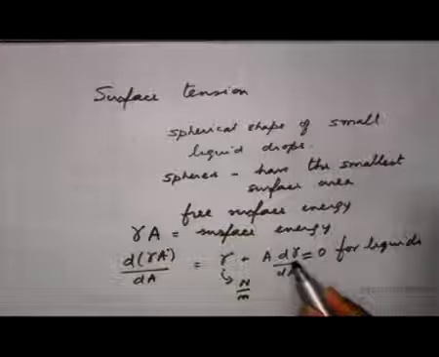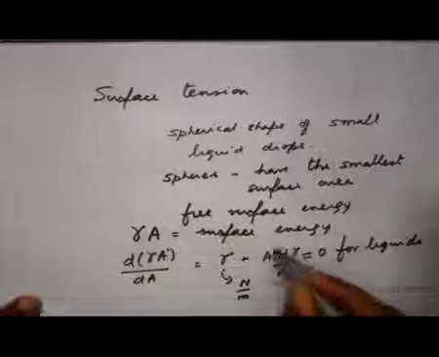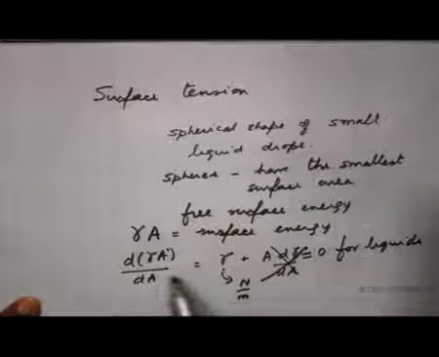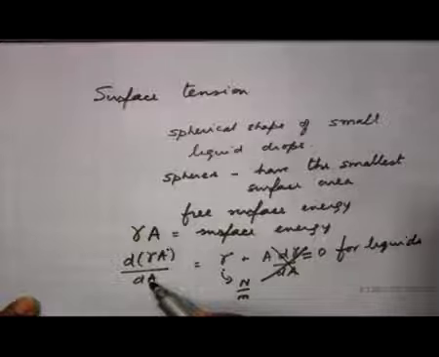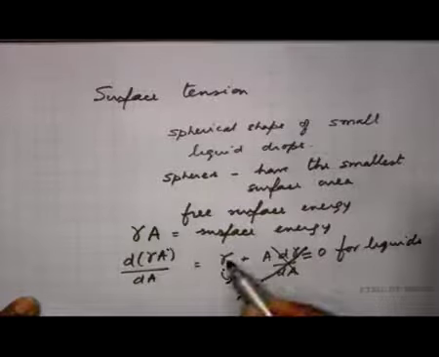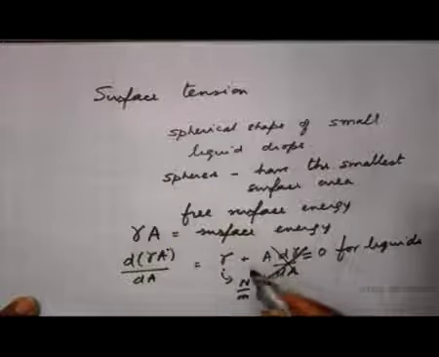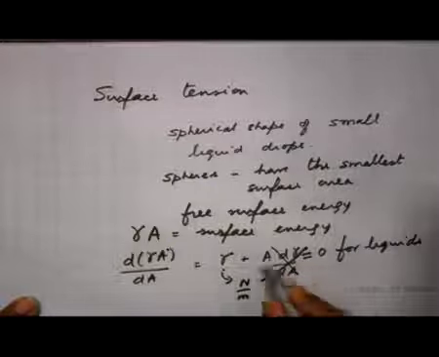So, this term here is equal to 0 for a liquid. Then the change in surface energy for a unit change in the area is given by this factor, which is called the surface tension. So, this term here is called the surface tension.